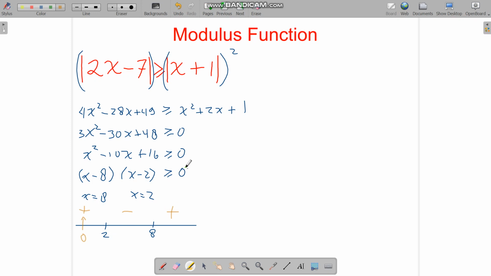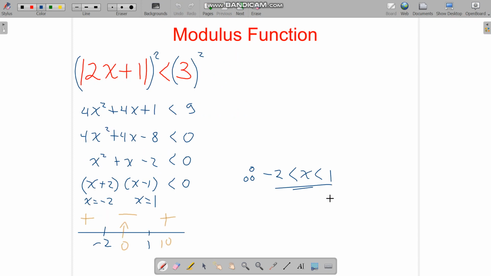And we're looking for bigger than, so that means the solution would be smaller than or equal to 2, because we have the equal sign here, or bigger than or equal to 8. So from the two examples, we can simply ignore the original modulus inequality and just solve the quadratic inequality.